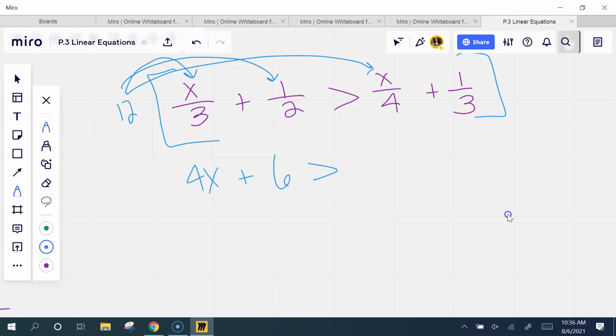No, only if you multiply or divide by a negative. 12 divided by 4, there is 3. If you did the LCD method here, you should end up with 4x plus 6 is greater than 3x plus 4.